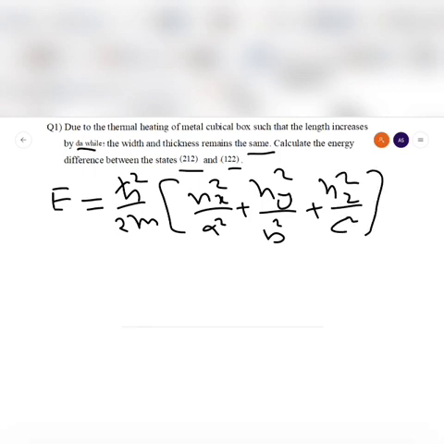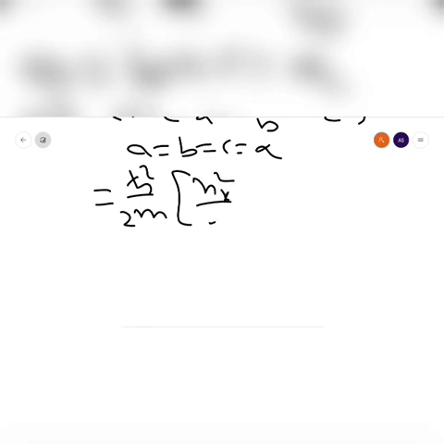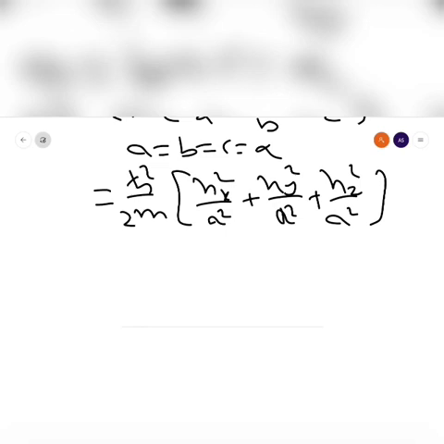For a cubical system, a is equal to b is equal to c is equal to a. So you can write the energy of the cubical system as h square by 2m times nx square by a square plus ny square by a square plus nz square by a square.